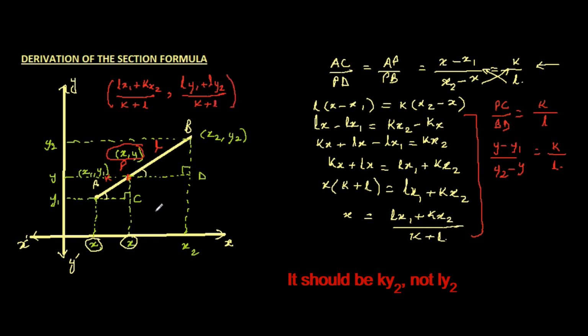Now what you need to notice and look carefully is this part here, l x1. Now if you see, x1 is the coordinate of the point A, and A to P is the ratio k, it is not l, but we are multiplying the x coordinate by l and not by k. So the order has got reversed because of the cross multiplication that we did here. And that is what you have to always be careful about.